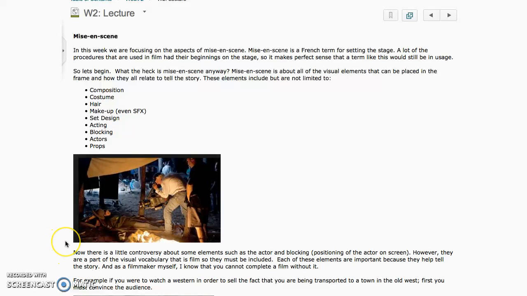Acting, of course, that's your actors, and given the period of time, given everything else, they will make sure that they act in a way that allows the audience to understand, okay, this is a person from this period of time versus another period of time, or they will use varying acting techniques to fulfill the character's role. Okay?